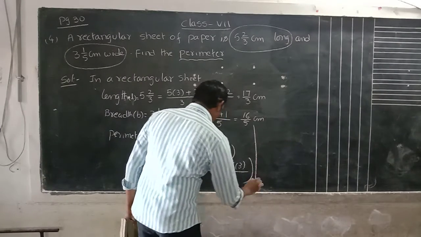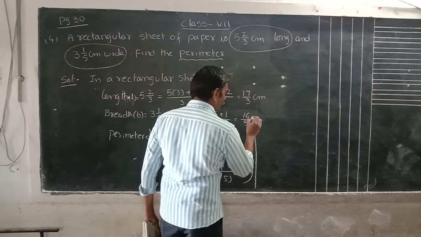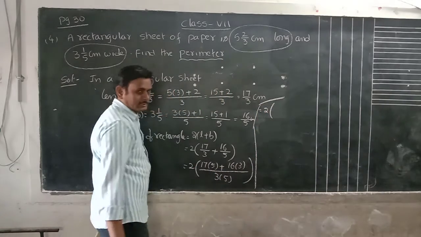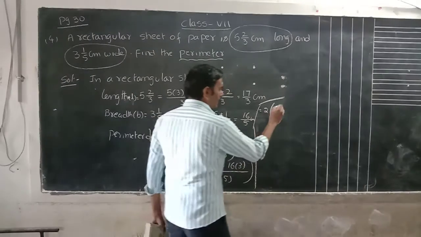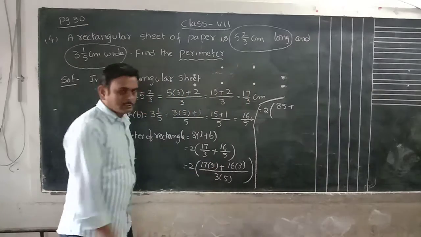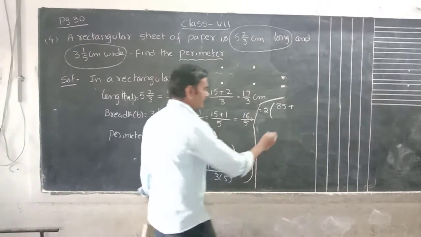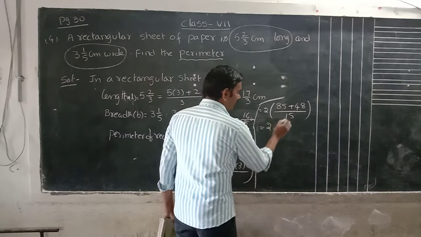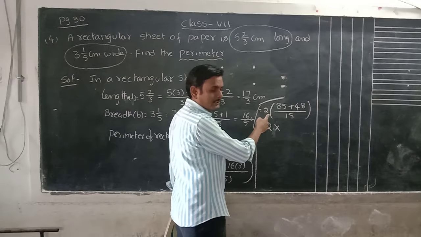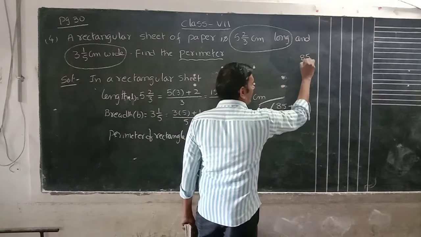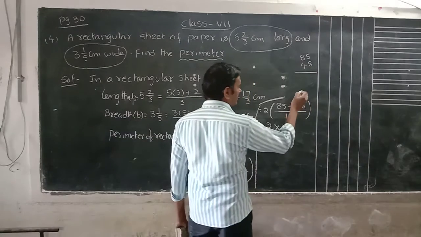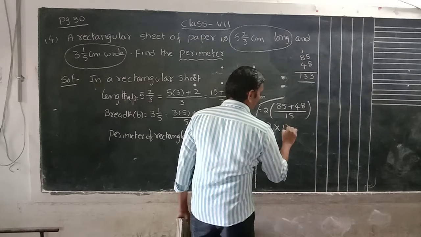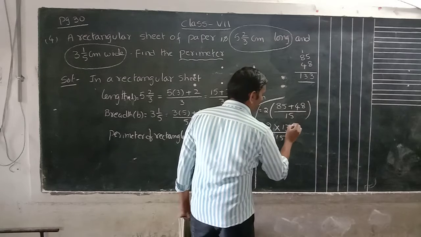What do we get here? 17 times 5 is 85, and 16 times 3 is 48. Now 85 plus 48, how much? 8 plus 4 is 12, plus 1 is 13, so 133/15.